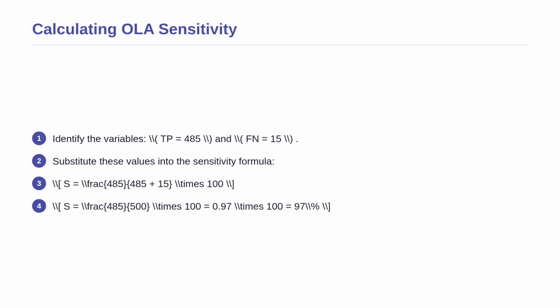First, we add the values in the denominator, which represents the total number of sick patients tested, giving us 500. Dividing 485 by 500 gives 0.97. Multiplying by 100 converts this into a final sensitivity of 97%. This proves the assay is highly reliable for high-throughput screening.